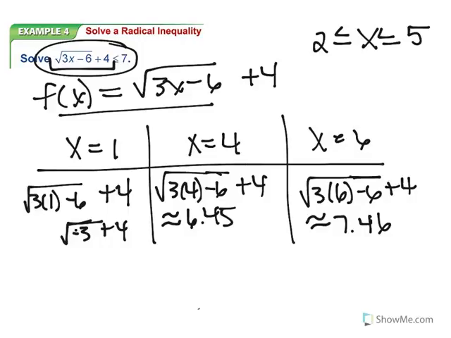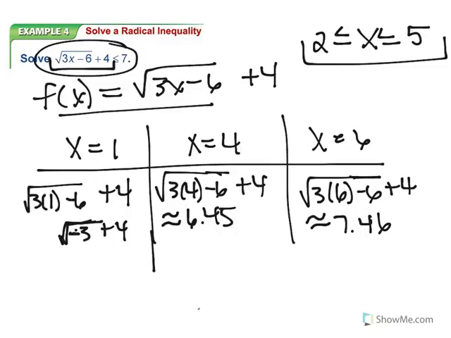When we plug all these into our calculators, this is what we get. In our first column, where x equals 1, the square root of a negative 3 gives us an imaginary number. It's not real, so that does not satisfy our inequality. So we know that it's definitely not 1, which fits with our bounds.